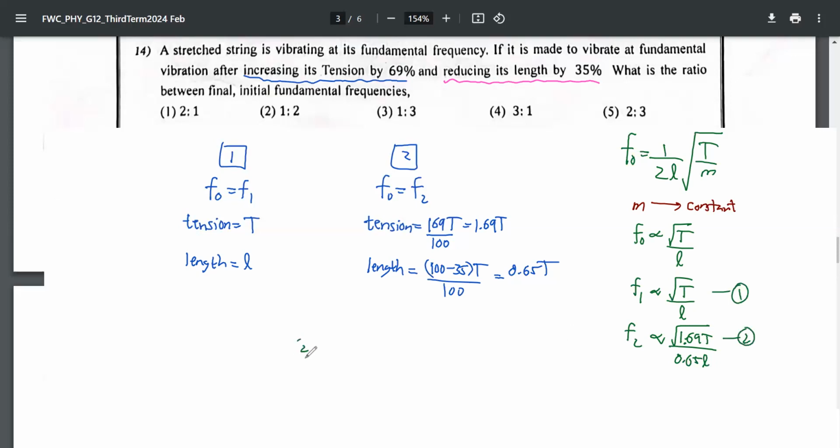Equation 1, equation 2. Let's divide the second equation by the first equation. On the left side I get F2 over F1. On the right side, root of T and root of T will get divided, L and L will get divided. So I'll be getting root of 1.69 divided by 0.65. What is root of 1.69? It should be 1.3. This is where you have to be very careful.